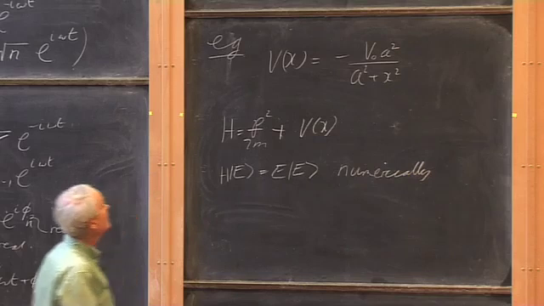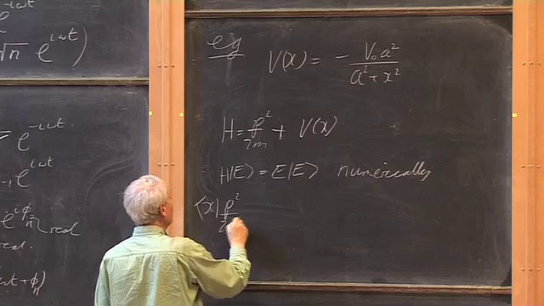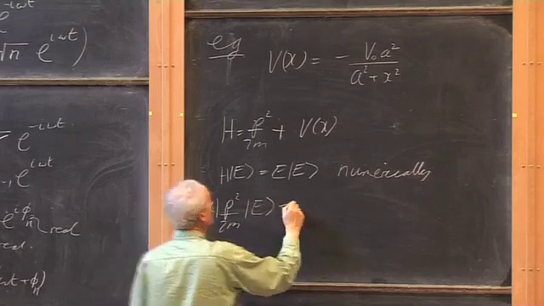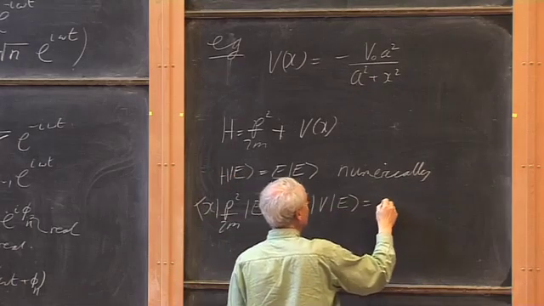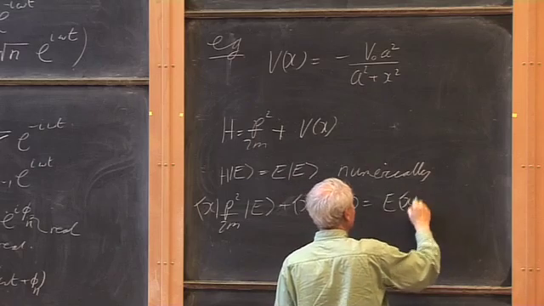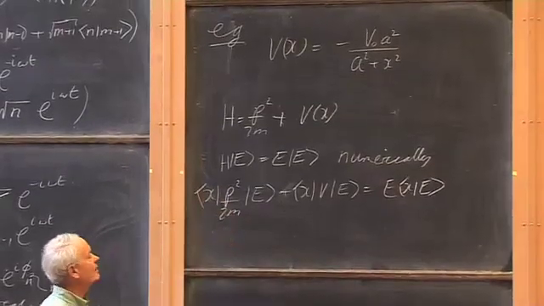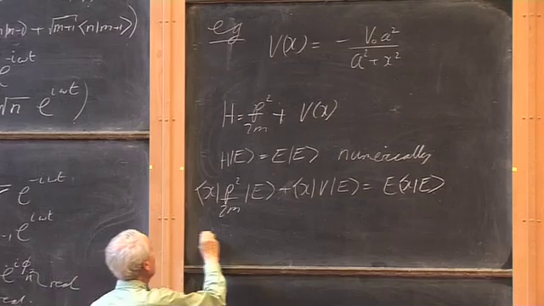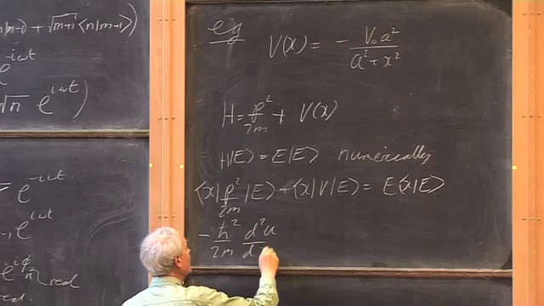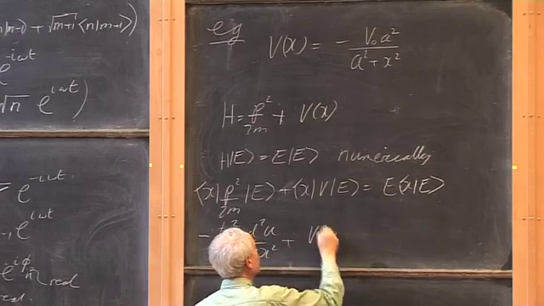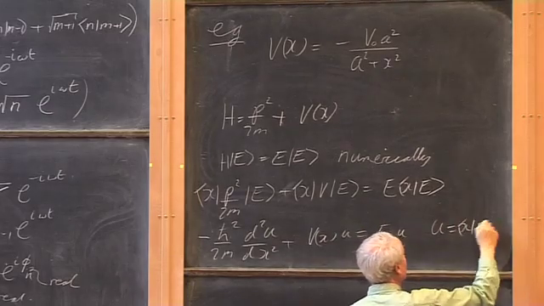We do it in the position representation. We bra through by <x| and have <x|p squared over 2m|E> plus <x|V|E> is equal to E<x|E>, which turns, by the rules we've already discussed, into an ordinary differential equation: minus h bar squared over 2m d2u by dx squared plus V of x u is equal to E u, where u, of course, is equal to <x|E>.